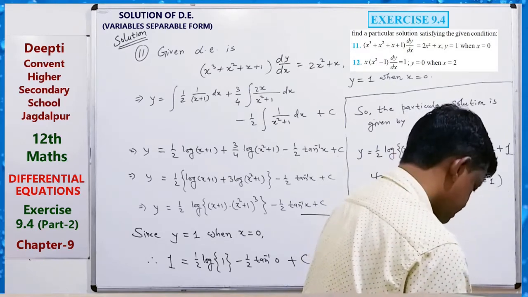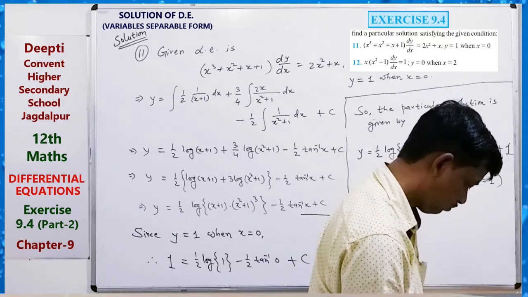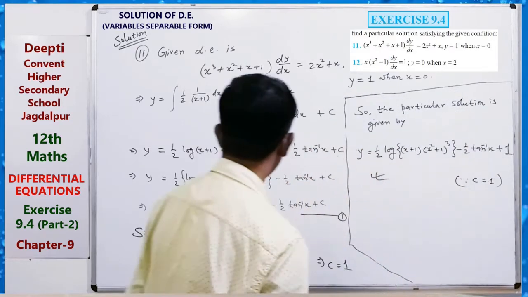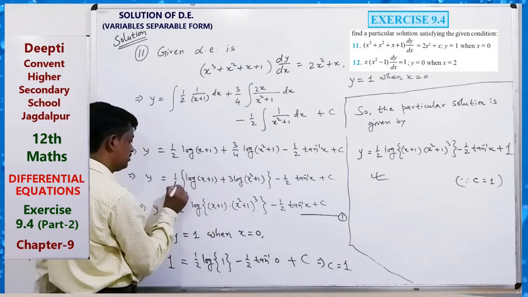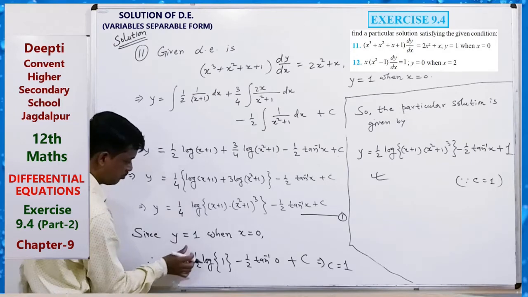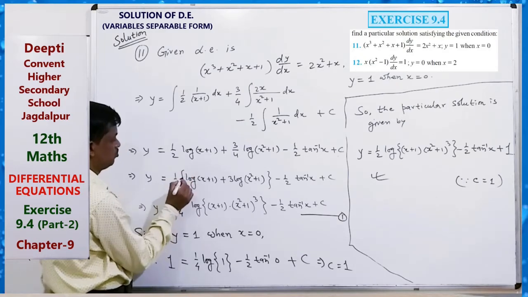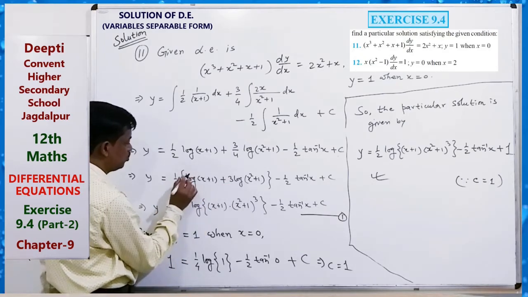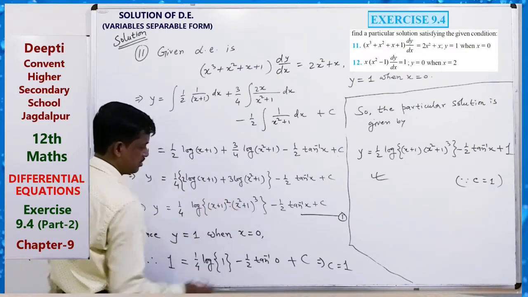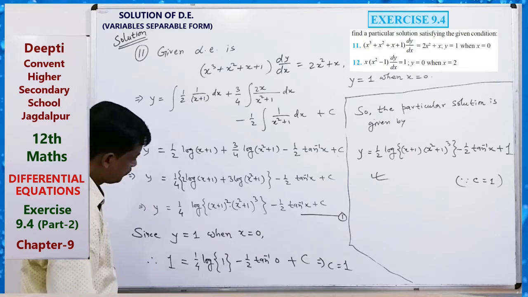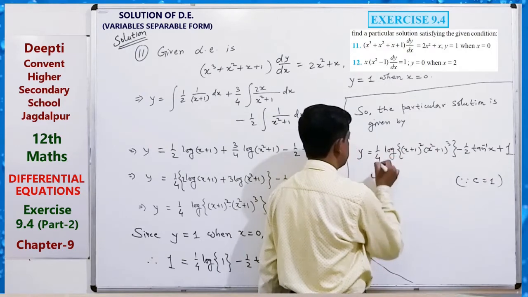Here, just 1 by 4 common, okay, 1 by 4 common, then here 2 of this, so a square, clear? So here is square. Solution is this.